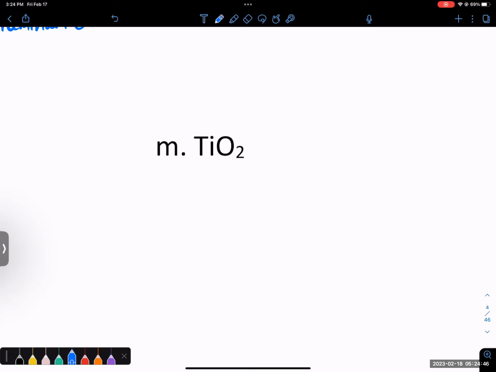Anyways, let's assume it's titanium 4 oxide. Well, let's assume it's peroxide actually. All right, so what is oxygen's oxidation state if it's a peroxide? Titanium is commonly +4. Let's assume it's a peroxide for 1 minute because I'm trying to teach you all one exception.